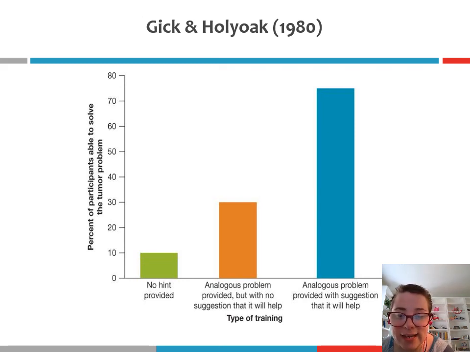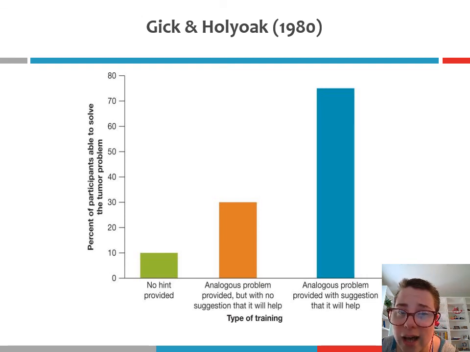Okay, so again, when no hint was provided, when they were given the radiation problem by itself, less than 10% of participants solved it. This number jumped up to 30% when they were given an analogous problem, but they weren't prompted that the fortress problem could be used to help solve the radiation problem.